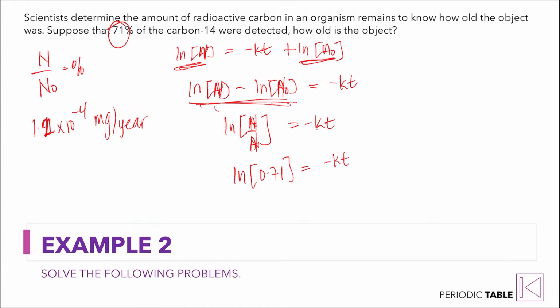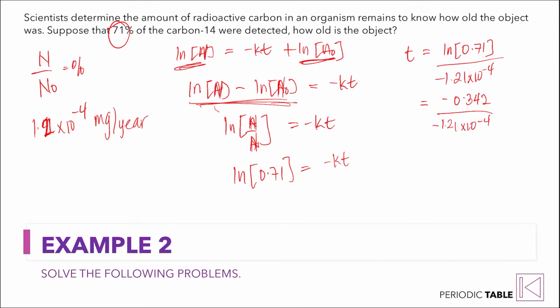So, the T is ln of 0.71 divided by negative 1.21 times 10 raised to negative 4. So, let's solve for the ln 0.71 first. So, that is negative 0.342 over negative 1.21 times 10 raised to negative 4.